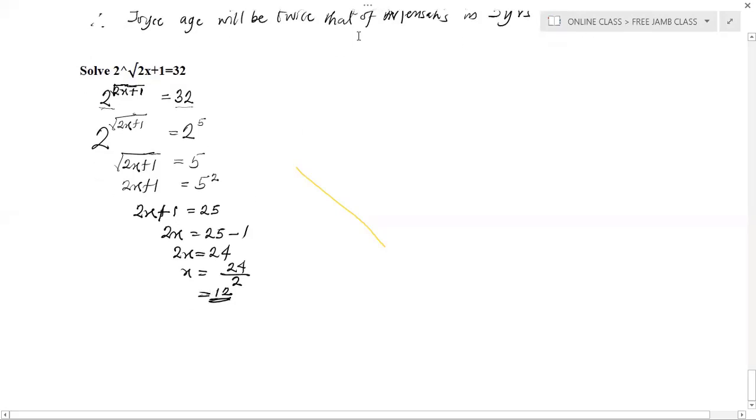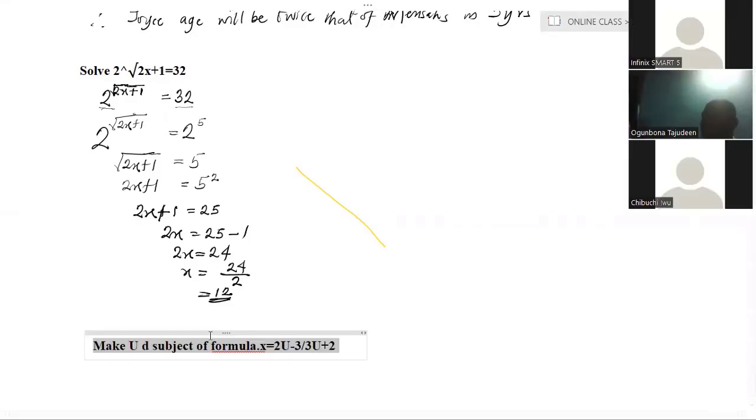Now, Temple, you say you have a question, please. Yes. Drop it. The question is, make u the subject of the formula x equals 2u minus 3, all divided by 3u plus 2.